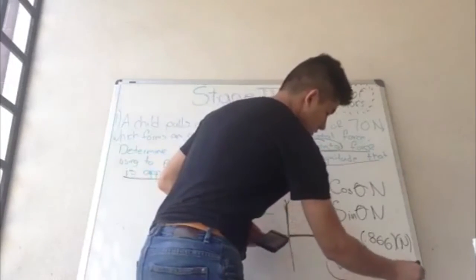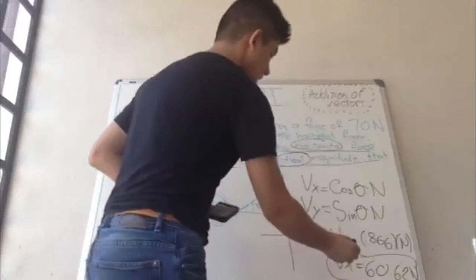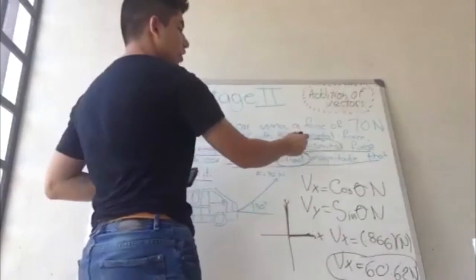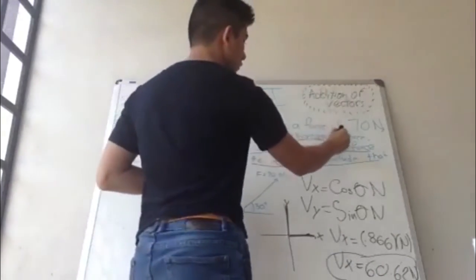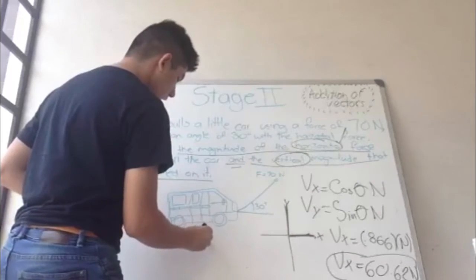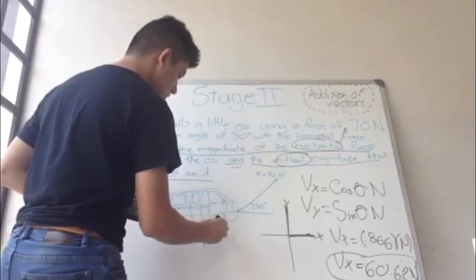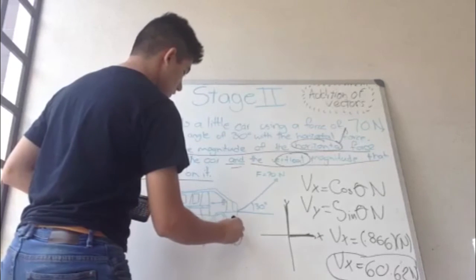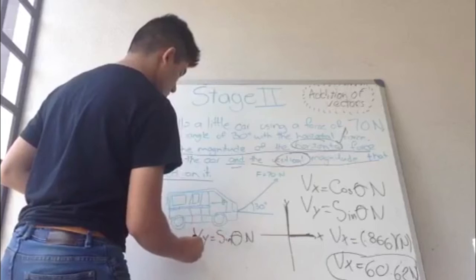So this is the first answer. Vx is the horizontal force. So horizontal force, done. Now vertical force. Vy equals sine of the angle times the newtons.